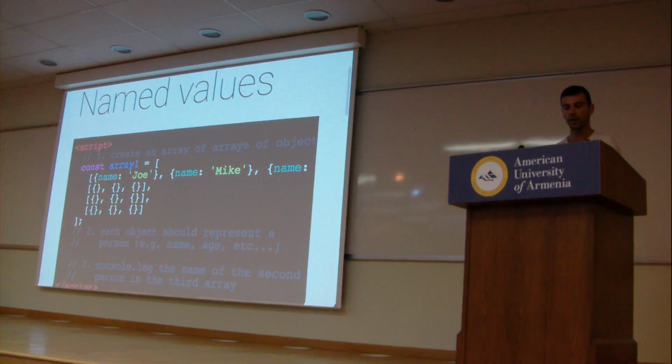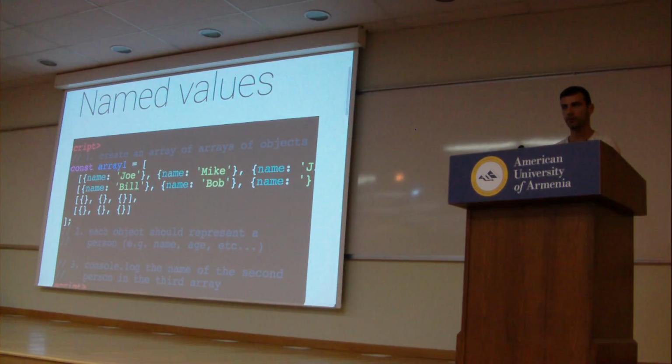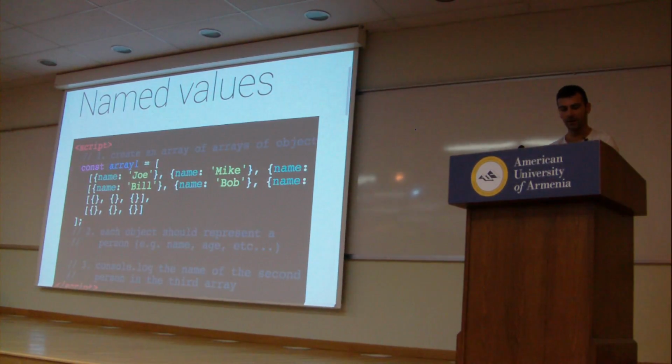Okay. Fine so far? Okay, so I just keep going. Then I give this one a name of Bill. I give this one a name of Bob. And I give this one a name of, what other American name can I come up with? Marco. Wait, Marco's in there. Okay. Then name, Baruch.